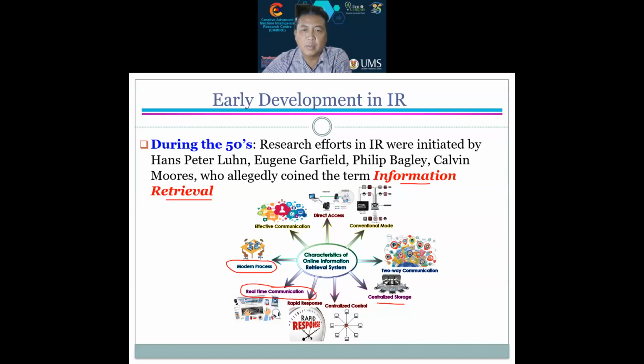How do you retrieve the document? We are looking at direct access to the document and many more. But these people started in the 50s. They were working on the research area called information retrieval.